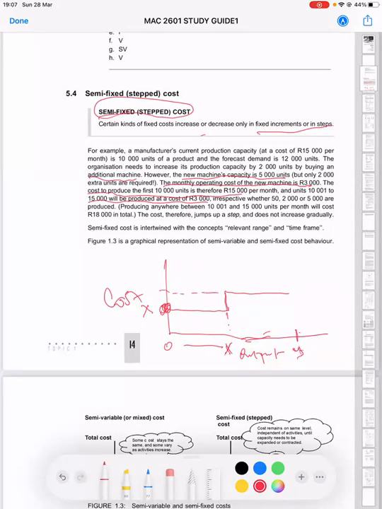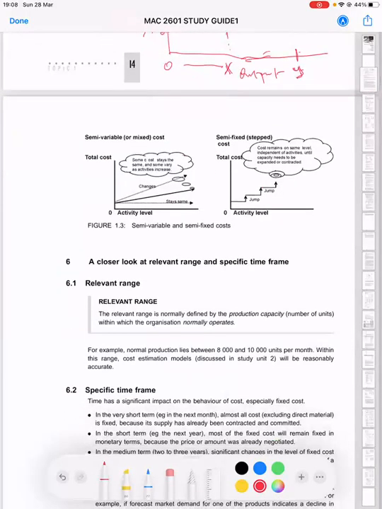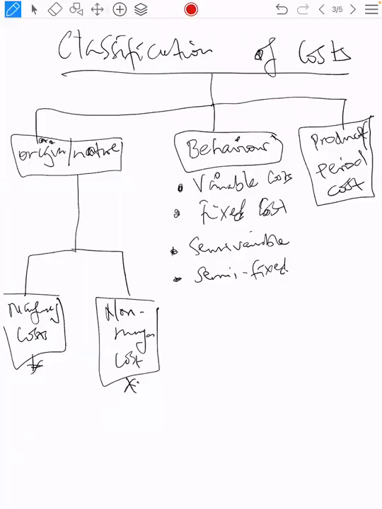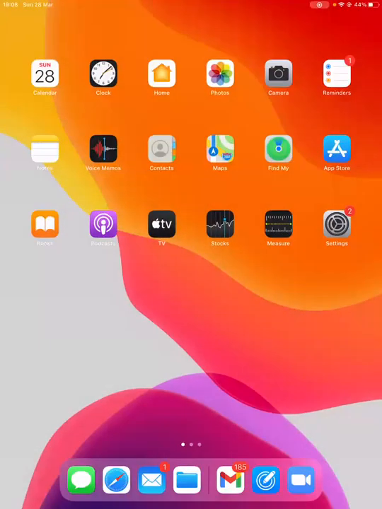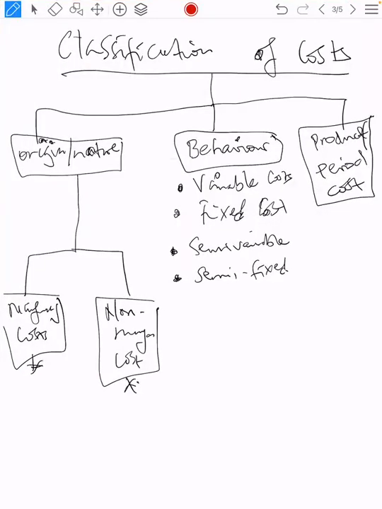If again we go beyond the output X there, our fixed costs might increase as well. Those are called stepped costs. All right. So that's another classification. These ones are less common, but we are going to see them when we talk about separation of cost. They will give you mixed costs that include both an element of fixed and an element of variable. Then they say dichotomize, split those costs, right?